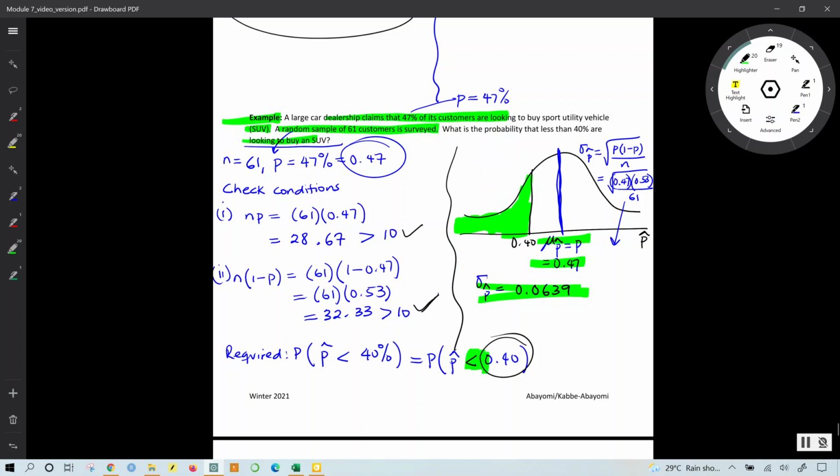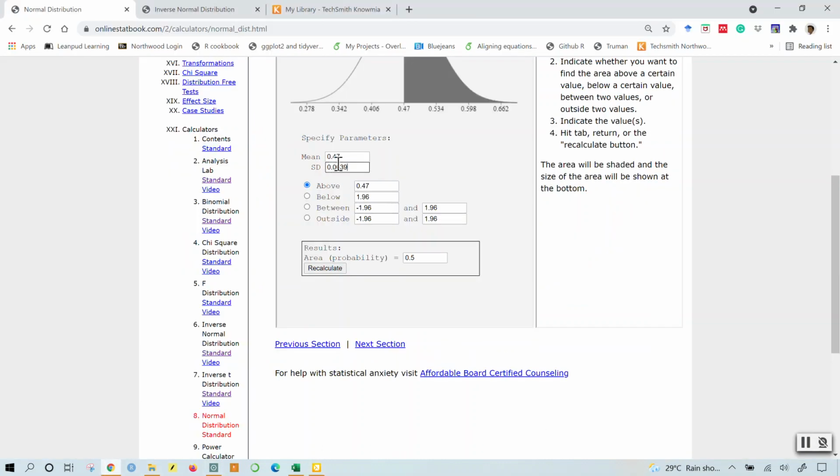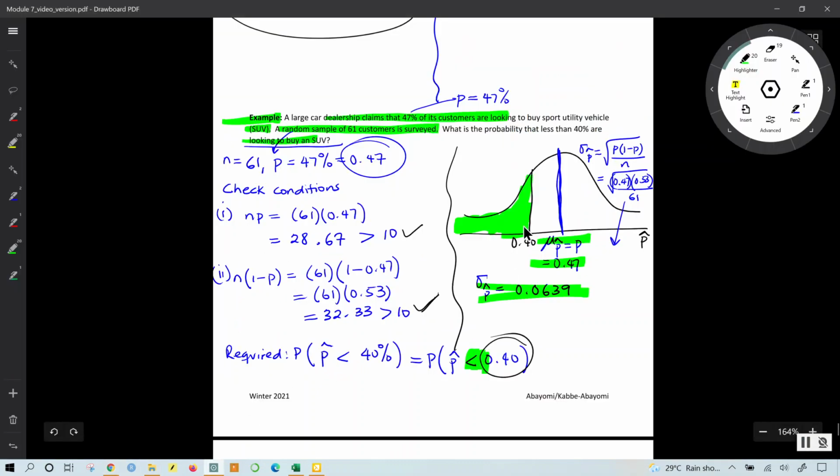So I can go to my normal calculator. I have keyed in the mean and the standard error, and in particular, I'm interested in the probability in the area below 0.40.